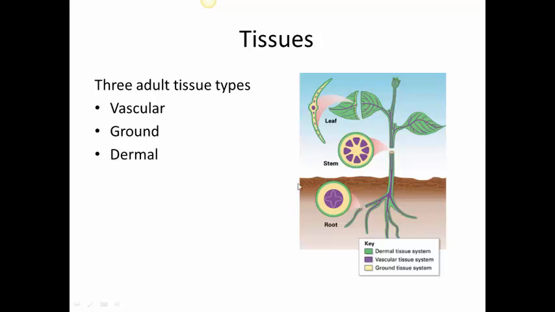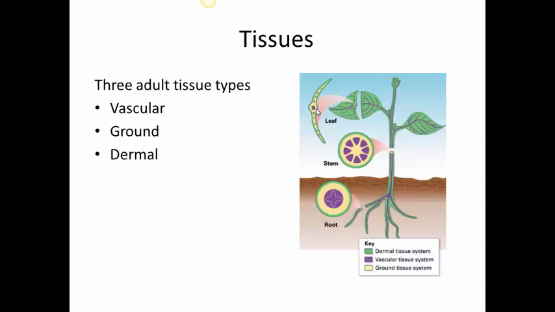And this diagram shows us the location of the three adult tissues throughout the plant body. So it's showing us here a cross section of a leaf, and we can see in purple the vascular tissue, the dermal tissue is in green, and then the ground tissue is this yellow or beige color.